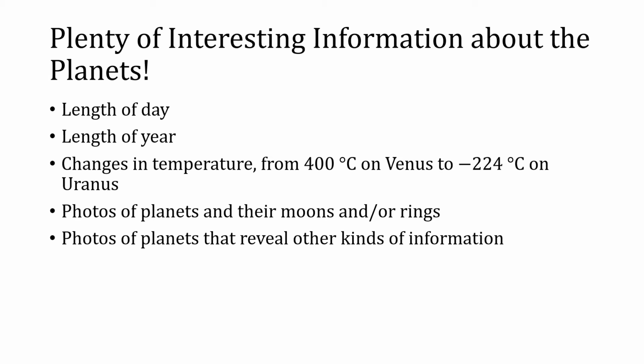There's plenty more that we could talk about, and maybe I will talk about in a future video, like the formation of the solar system, the future of the solar system, and we'll touch on these kinds of subjects as we go on. But there's so many other things.